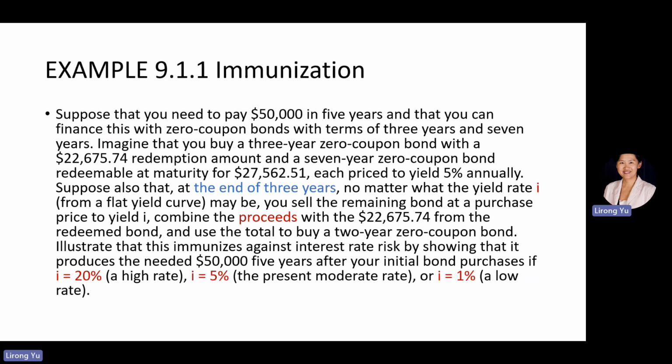So this is different than what was originally planned. This is actually redeeming or selling the 7-year zero coupon bond at time three, even though it hasn't expired yet. So we sell and combine that proceed with the 22,675.74 since that matures at time three. That matures at time three, we do have that cash flow. So combine them and buy a 2-year zero coupon bond instead.